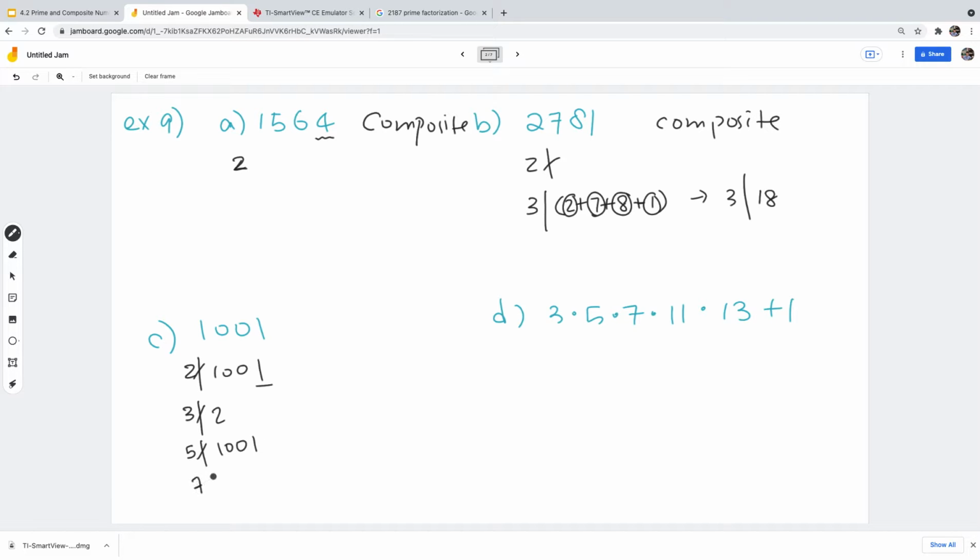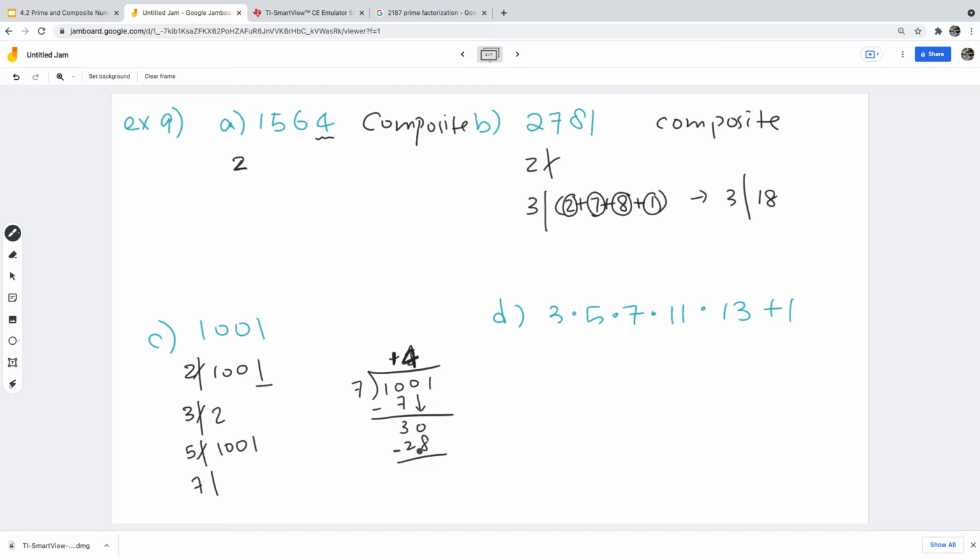How about 7? Does 7 divide 1001? So if you divide that by 7, you get 7 times 1 is 7. Subtract and you get 3. And the next digit gives 30. So the closest is 28. 4 times 7 is 28.